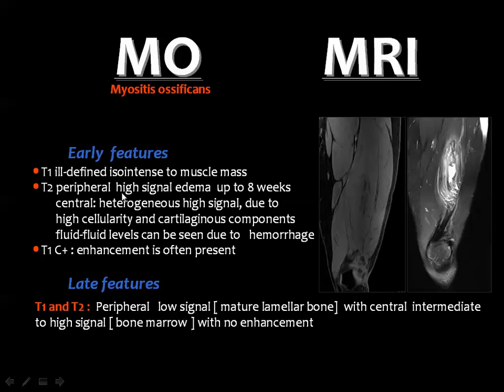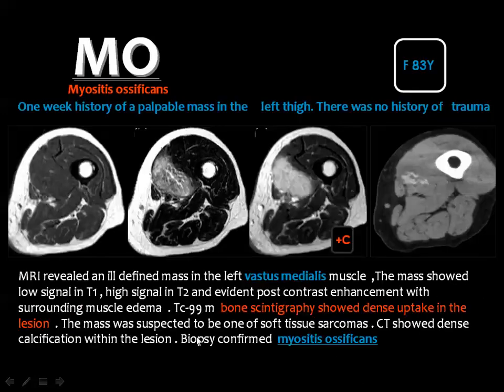And in the T2 weighted image, there is peripheral edema, high signal, and you may see also a high heterogeneous signal in the tumor itself. If you inject contrast material, the lesion will enhance.